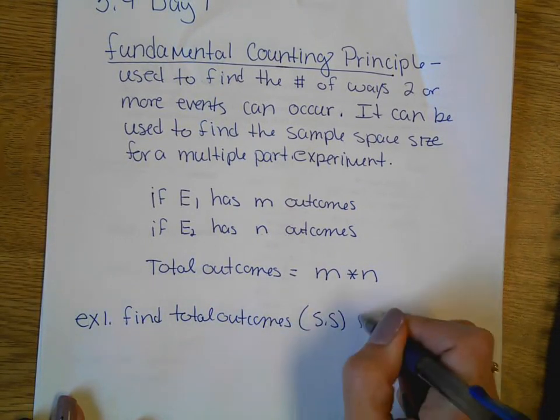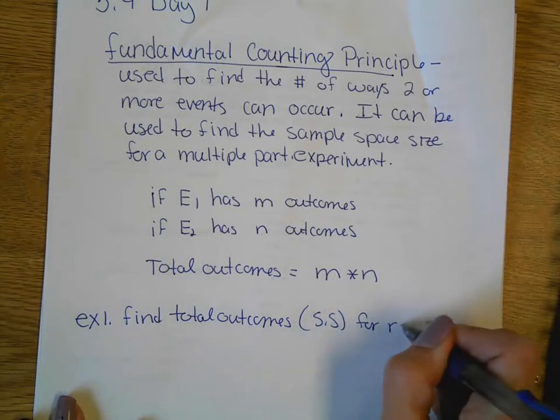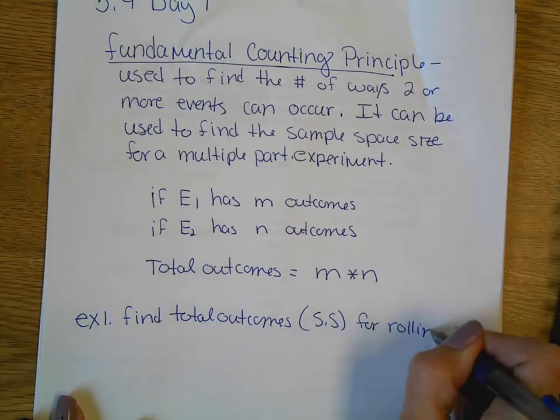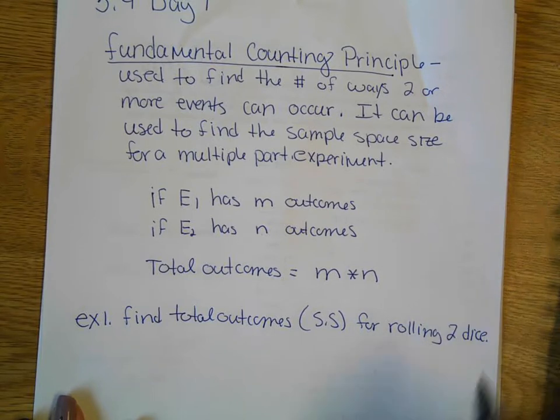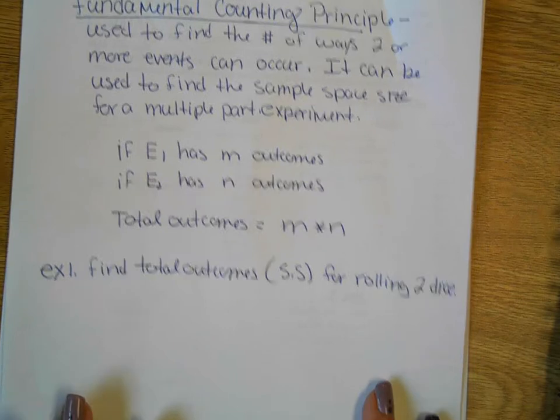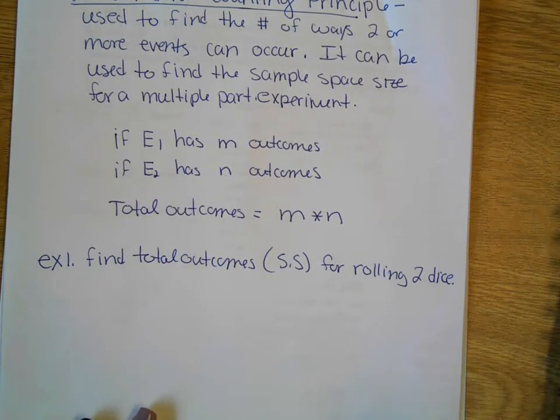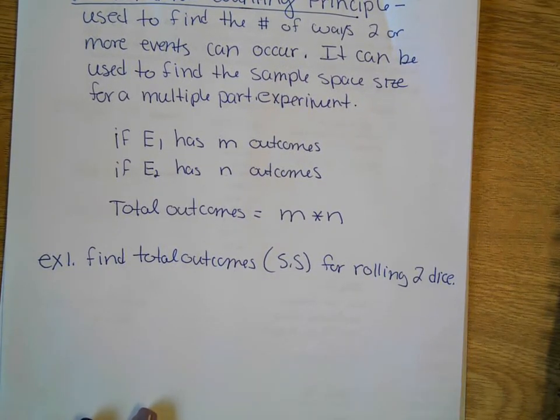Sample space for rolling 2 dice. Okay. I made you draw this tree diagram, I think more than once. How many outcomes were on this tree diagram? 36. Well, let's see how we can use this fundamental counting principle to get it.